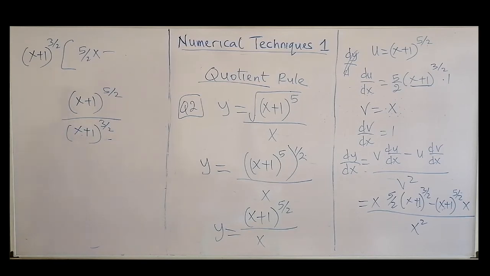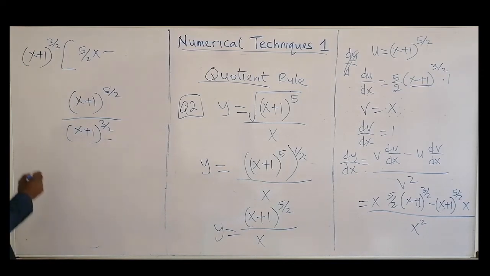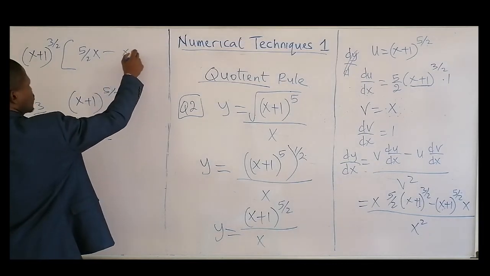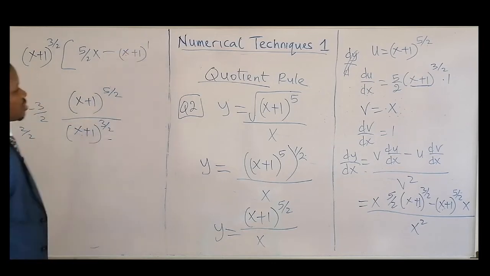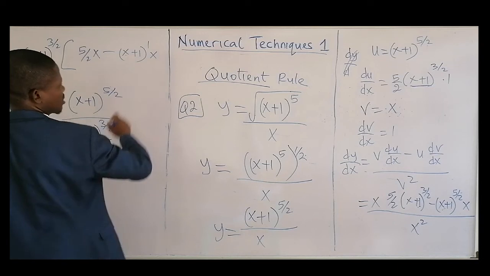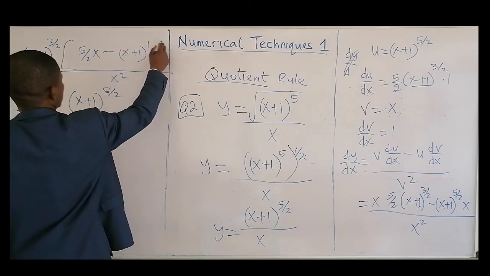They have the same base, so subtract the powers: 5 over 2 minus 3 over 2 gives 2 over 2, which is 1. So minus x plus 1 to the power 1, times x, all over x squared.